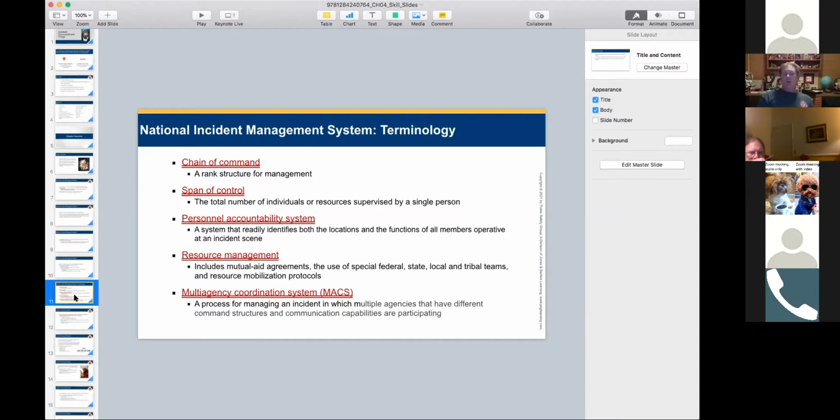Span of control used to be a number between 5 and 7 people that you could effectively manage. But as time has gone by, we've gotten into managing not just the incident, but the people that run the incident. If you can handle managing 10 divisions and keep that all straight, then that's good for you.